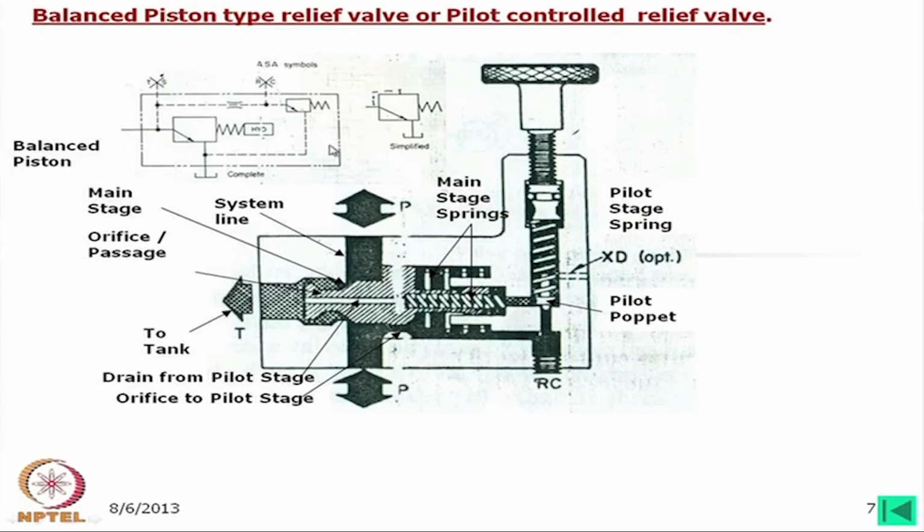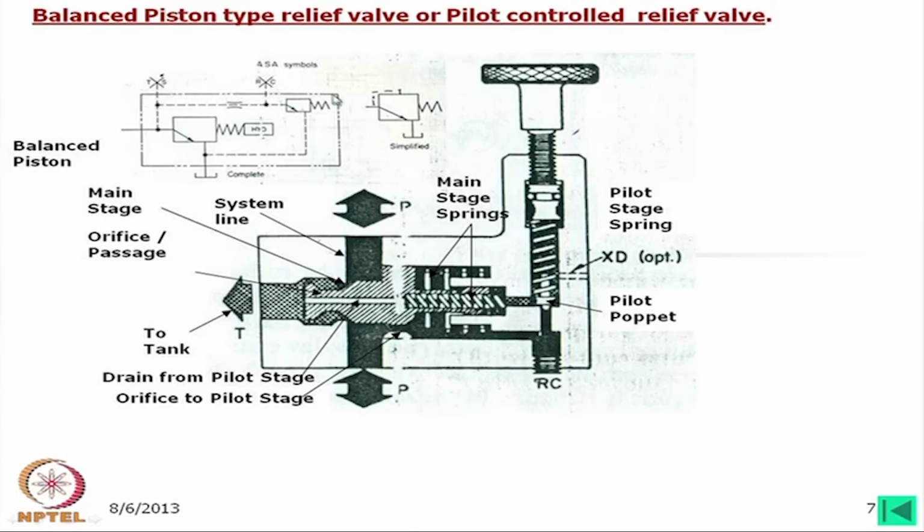Now, looking into the symbols, we also use this simplified symbol for this one. Here we have shown the pilot lines, as you see. There is an alternative simplified one which you have seen, which I will show, but here if you look into this, these are ASA symbols.